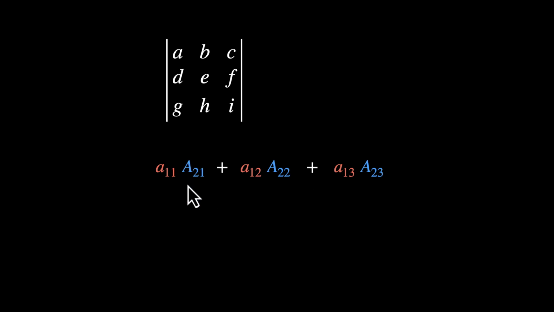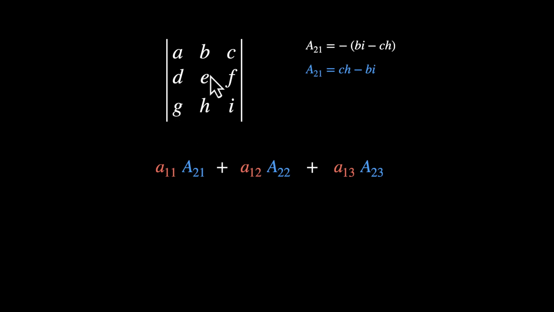Let's find A21. That's going to be bi minus ch, that's the minor. And what's the sign? Plus minus, the sign is negative. So A21 is minus bi minus ch. So this becomes ch minus bi. Let's find A22. That's going to be ai minus gc or cg.